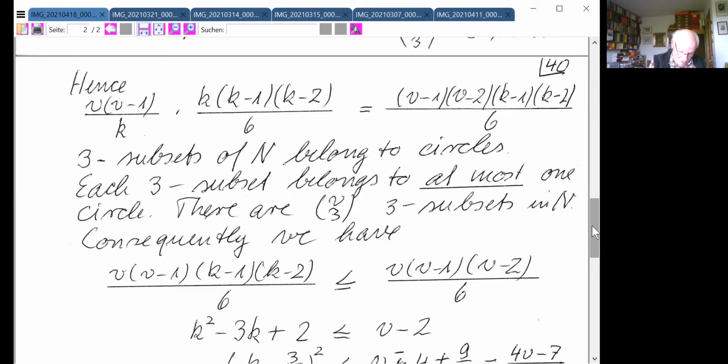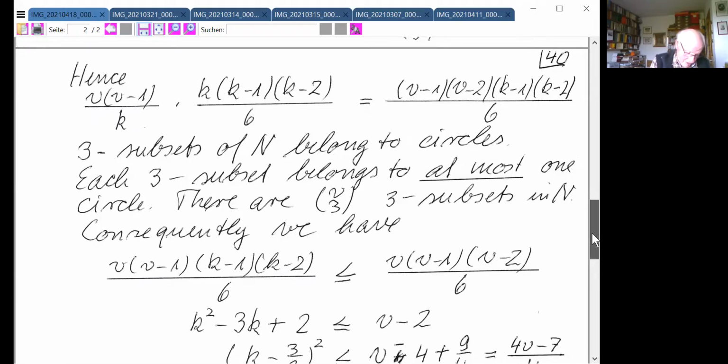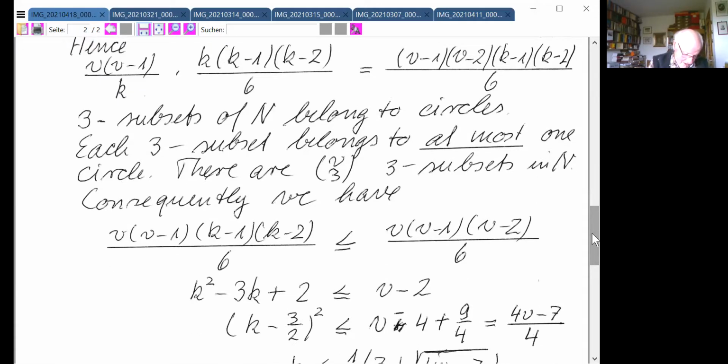And now v times v minus 1 may be cancelled, also the 6, and we get 3. We get k squared minus 3k plus 2 is less or equal to v minus 2.